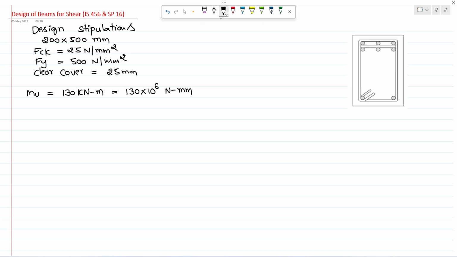And my analysis shear, so Vu from ETABS at ultimate load combinations, it is 120 kilonewton. So it will be 120 into 10 power 3 Newton. So this is analysis moment Mu, and this is analysis shear. Clear?